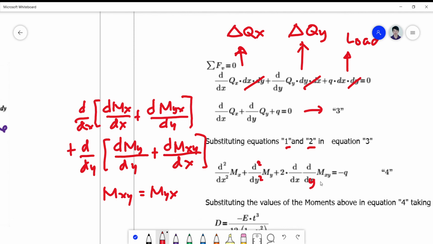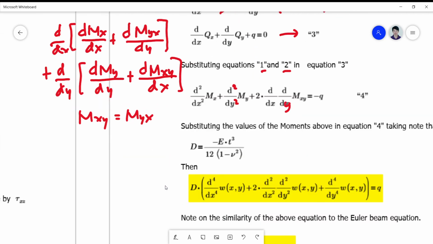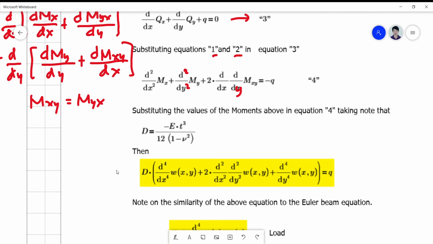And of course, your q here will be transposed at the other side to get your differential equation, which can be further simplified into this equation by simply converting the moment variable to a load variable there.